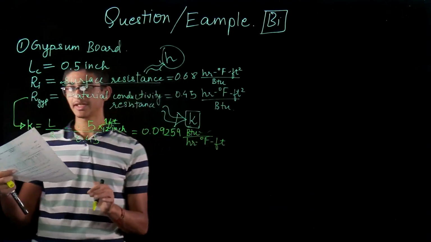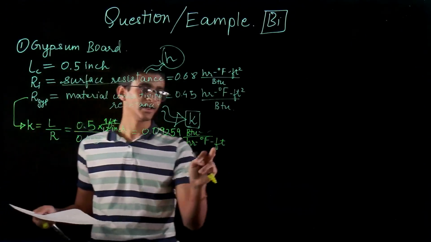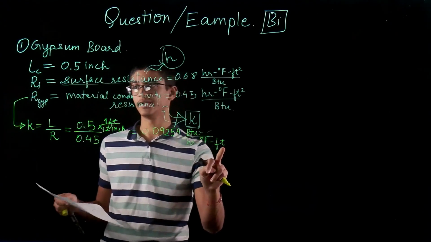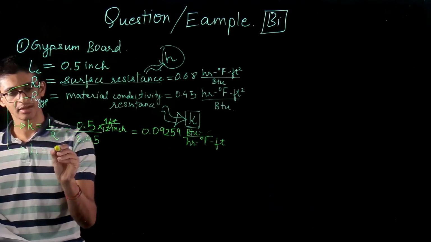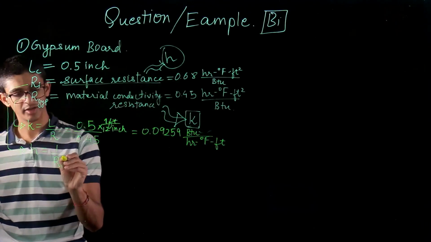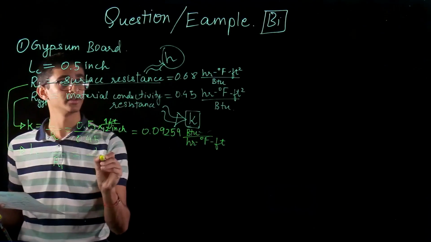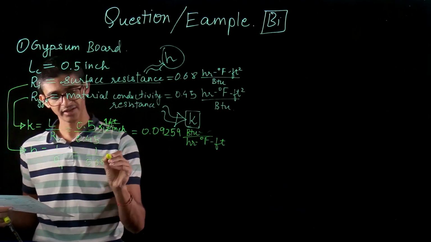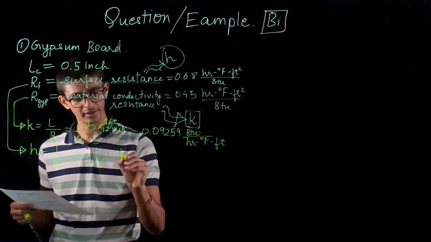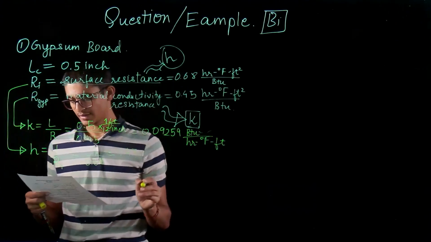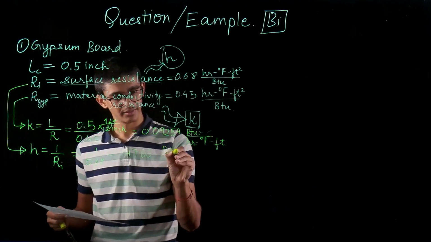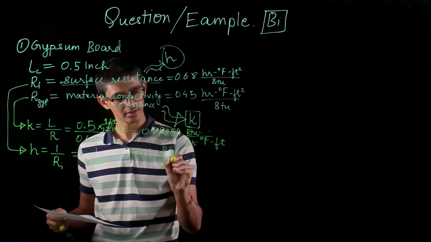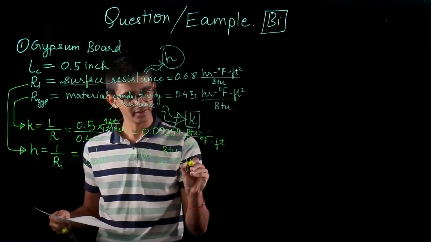So remember, the K, the conductivity, has feet only in the denominator, while the H, which we are calculating now, will be 1 upon 0.68, and the value comes out to be 1.4706 BTU per hour degree Fahrenheit feet square.